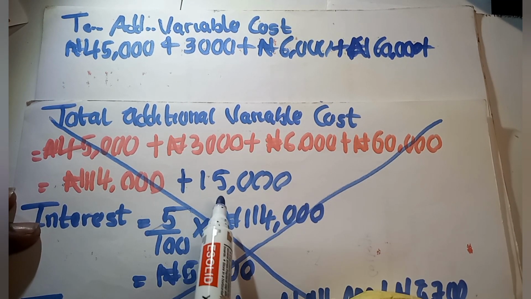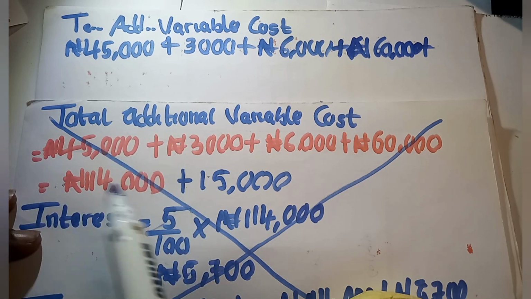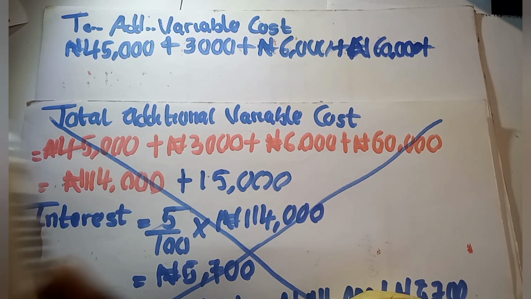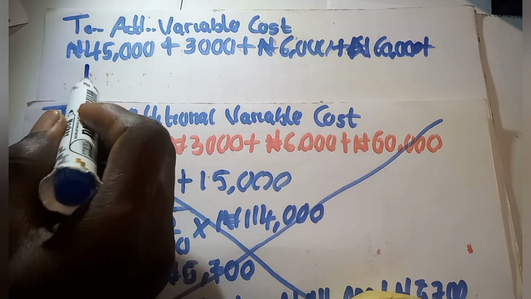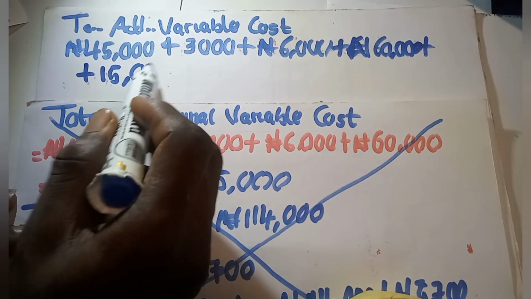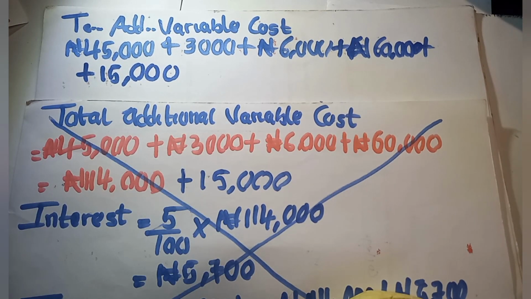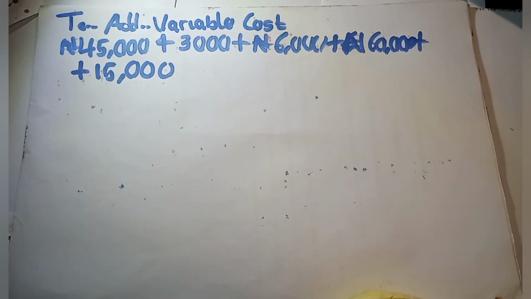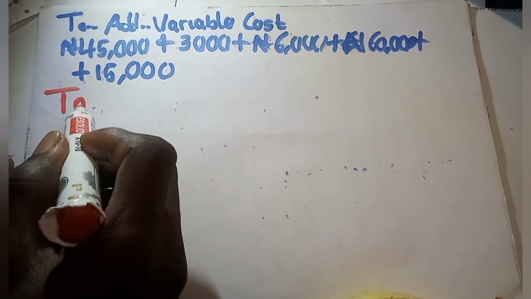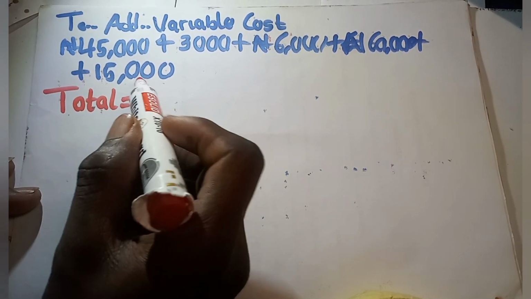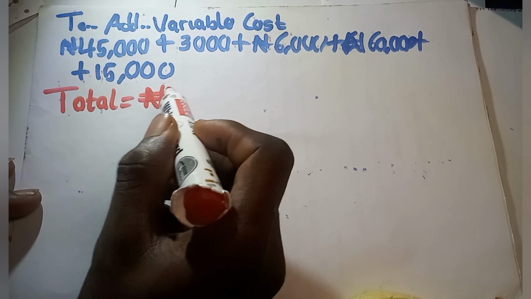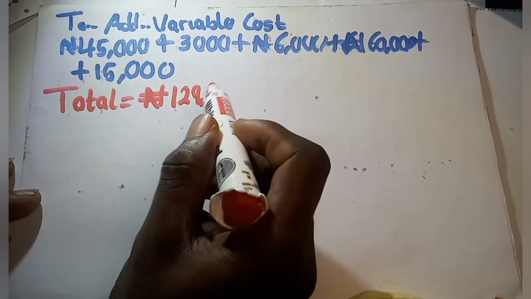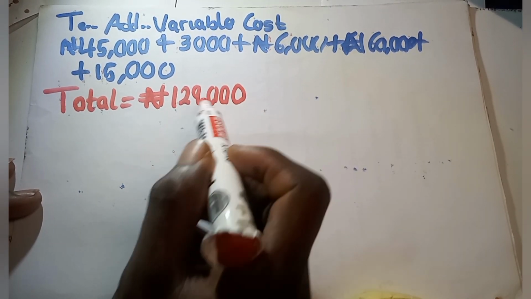Veterinary and health is also part of the variable cost, and that's where I made the mistake. So I have plus 15,000 naira for veterinary and health. After adding all this, the new total is 129,000 naira.